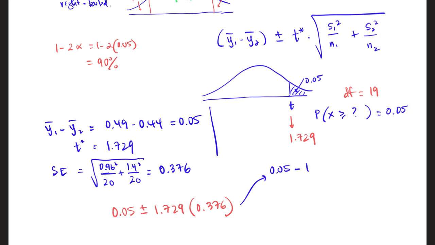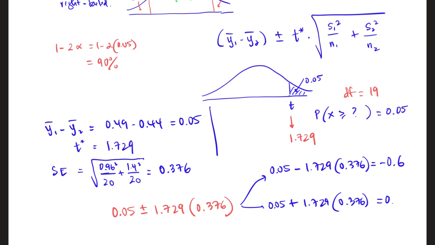0.05 minus 1.729 times 0.376 is approximately negative 0.606, rounded to 1 decimal place, negative 0.6. And the other one is 0.05 plus 1.729 times 0.376, and this is 0.706, rounded to 1 decimal place, 0.7.